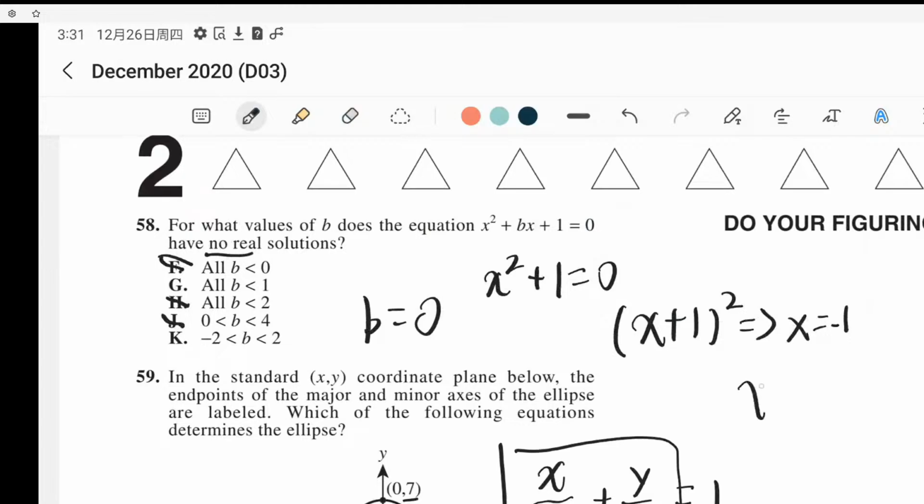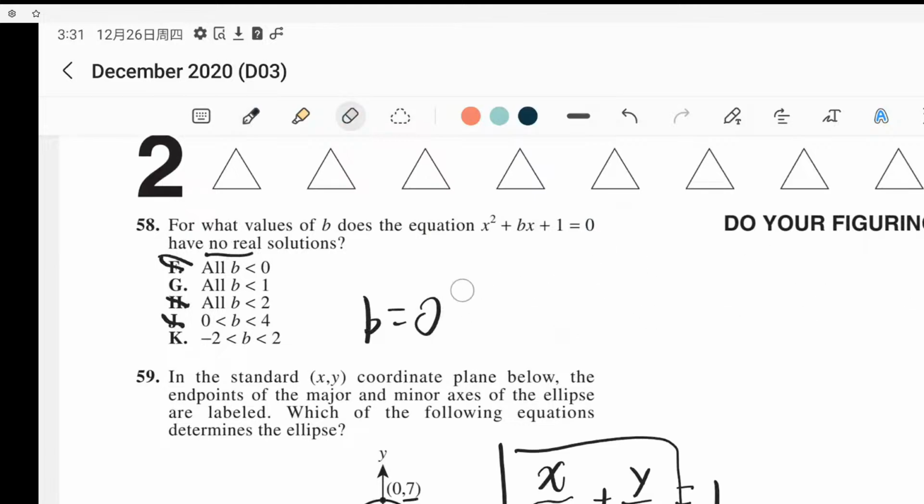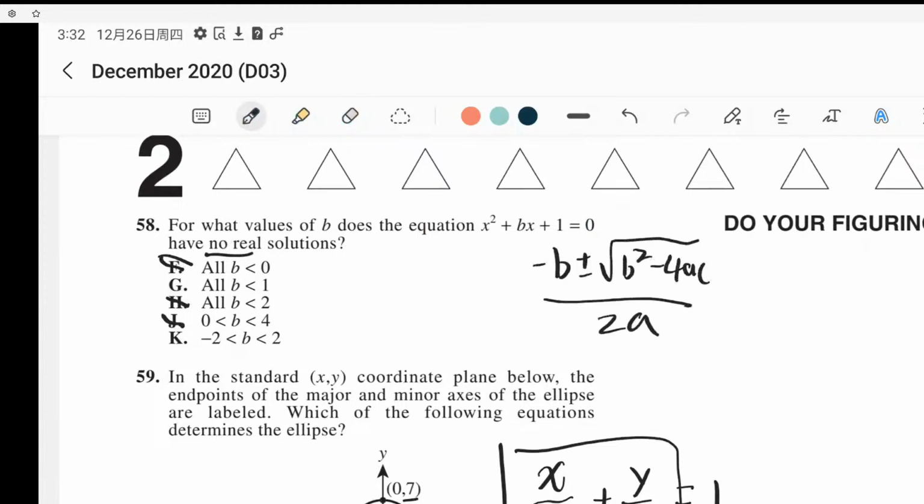Let's try x minus 1, x plus 1. Solving for this equation obtains us... I know what we can do. By the quadratic formula, we have negative b plus or minus square root of b squared minus 4ac, over 2a, gives us x.